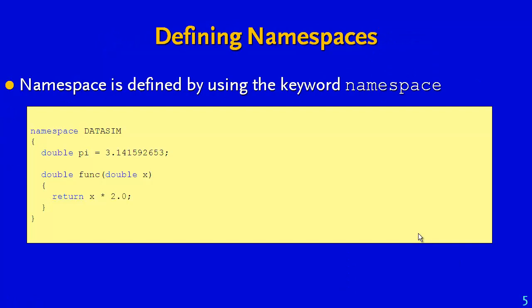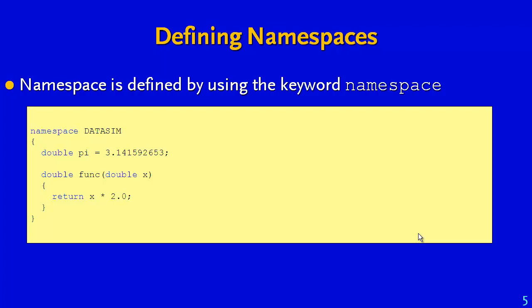So here's a very easy way. Let's say I want to create a namespace, and in the namespace I've got data. First of all, you can put data into namespaces. You can also put functions into namespaces. So here's my first example using the keyword namespace, and every namespace has got a name. In this particular case the name is DataSim, which is the name of my company.